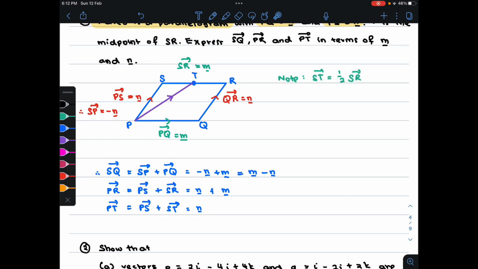Vector ST is actually half times vector SR. This is SR and ST is exactly half of it. That's why we can write it like this. We already know that vector SR is m. Therefore, ST is half times vector m. And that's our final answer for PT.